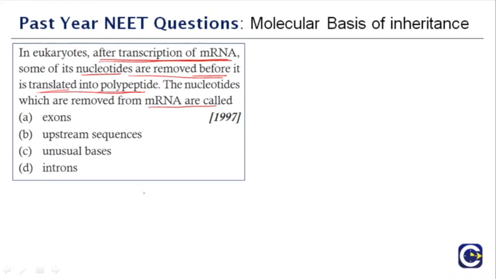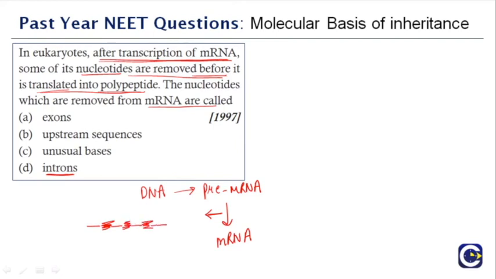When DNA is transcribed, the first transcript that is formed is the pre-mRNA, and then it is processed to form the mRNA. During this processing of the pre-mRNA, sequences called introns are removed from exons. If you remember, this has been discussed previously also.